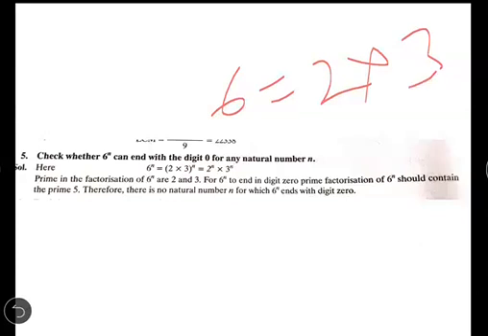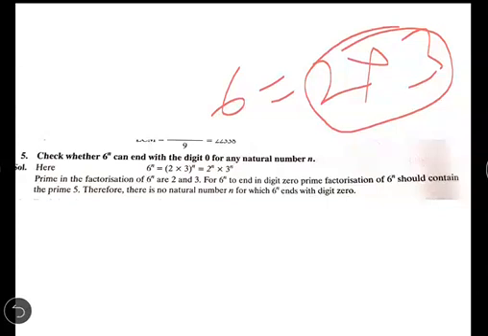And according to the fundamental theorem of arithmetic, the prime factorization of any composite number is unique. So we cannot use any other number in this, only 2 into 3.